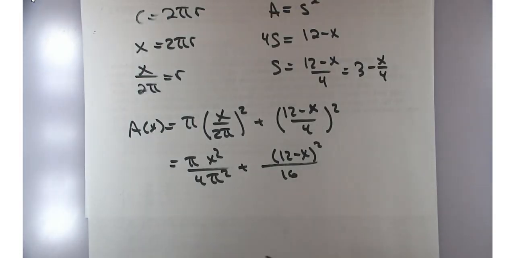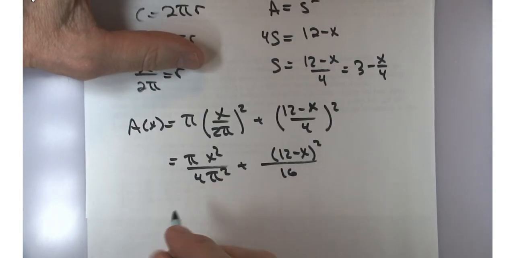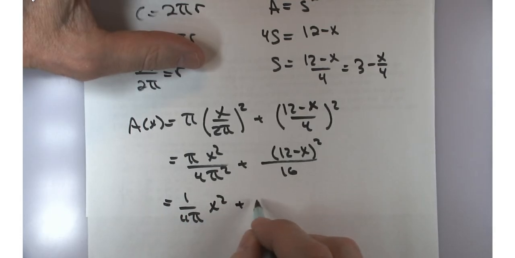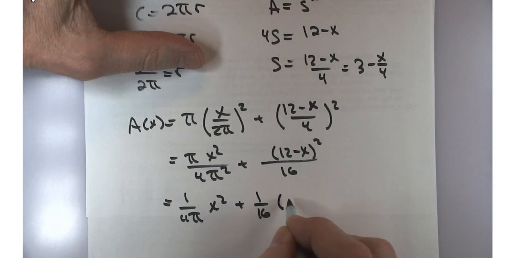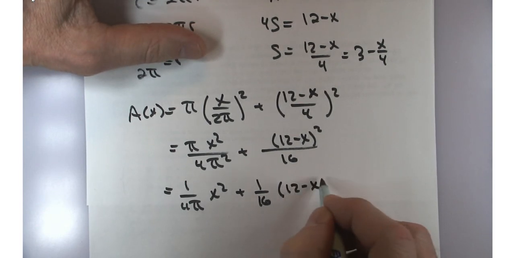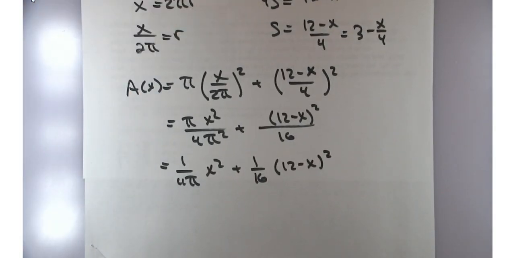I can get some more simplification if I cancel out one of these pi's. So I'll just write that as 1 over 4 pi times x squared plus 1 over 16 times 12 minus x squared. So finally, I wrote things that depend just on one variable.